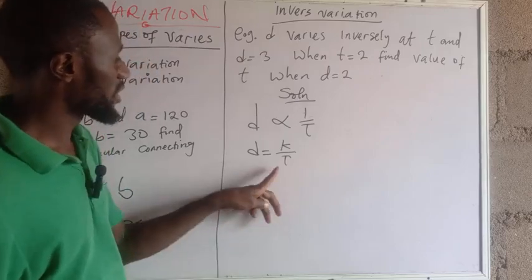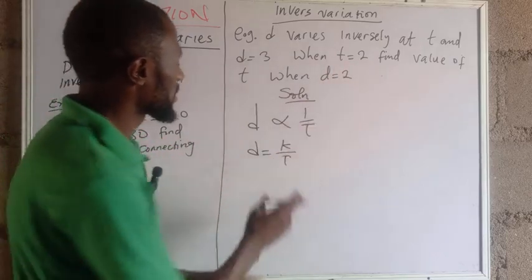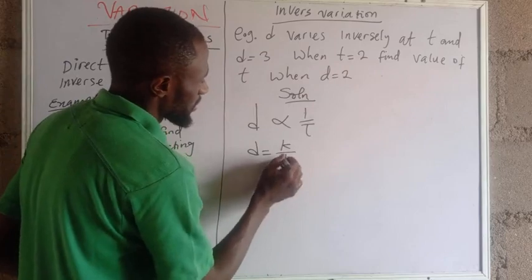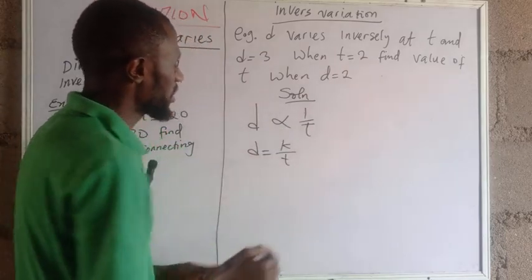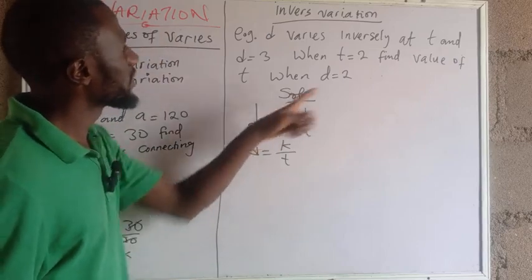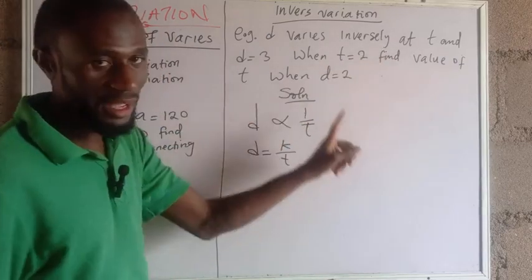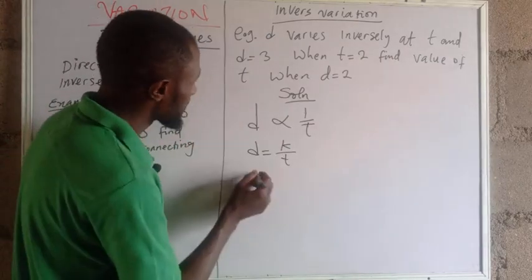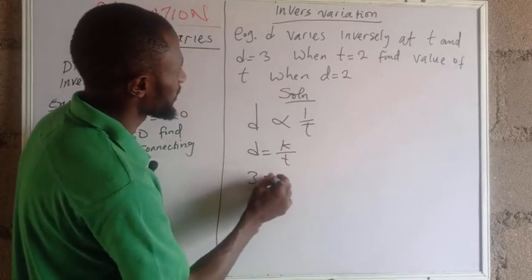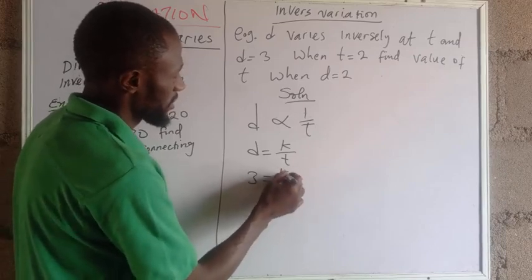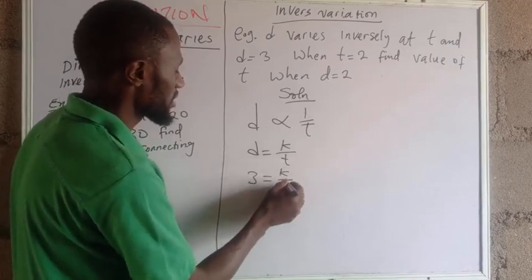Then we can substitute the values of T and D. Since the T given in the question is 2 and D is 3, we have 3 is equal to K over 2, where K is not given.